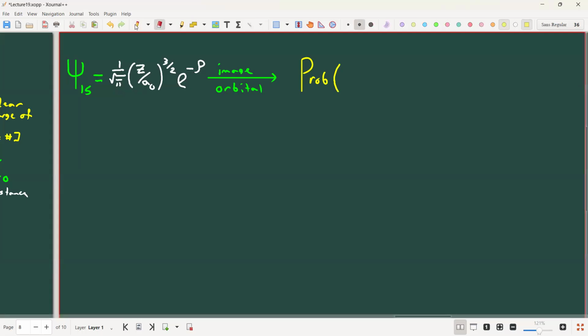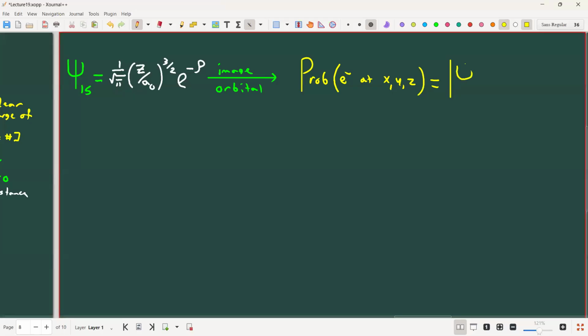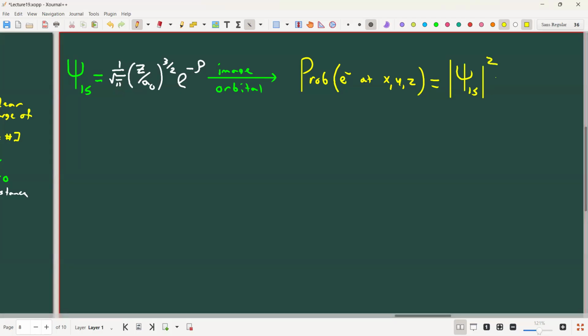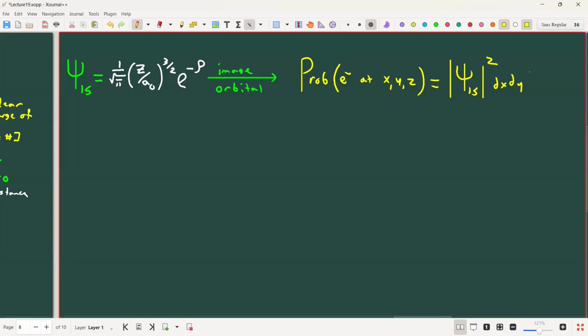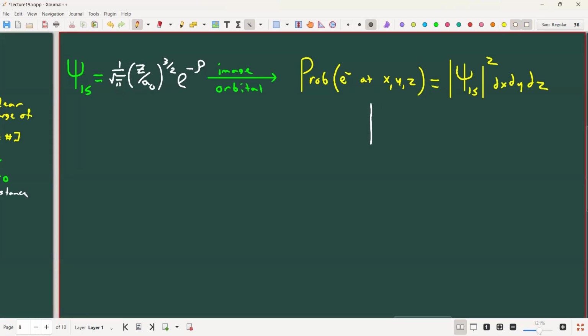Let's think about this, right? So the probability of electron at x, y, z, by our definitions from back in the day, is equal to psi 1s squared times dx dy dz. Right? And the idea is very simple.